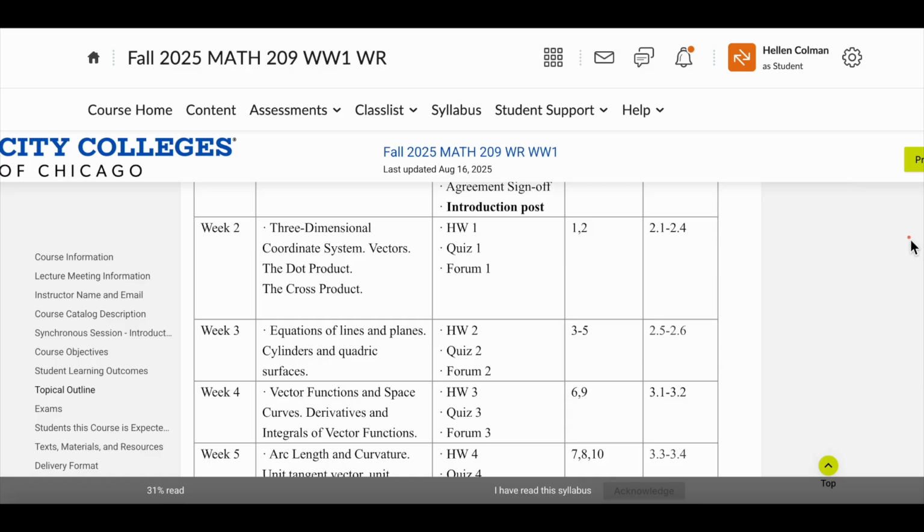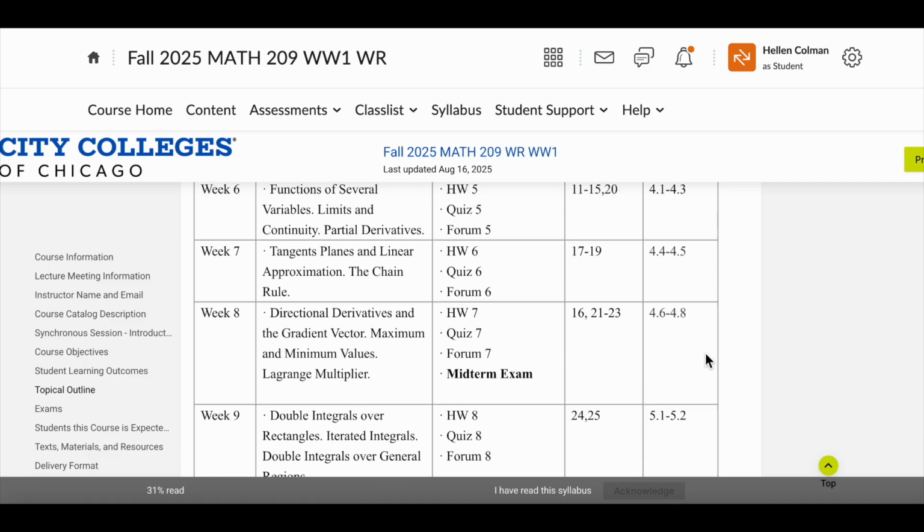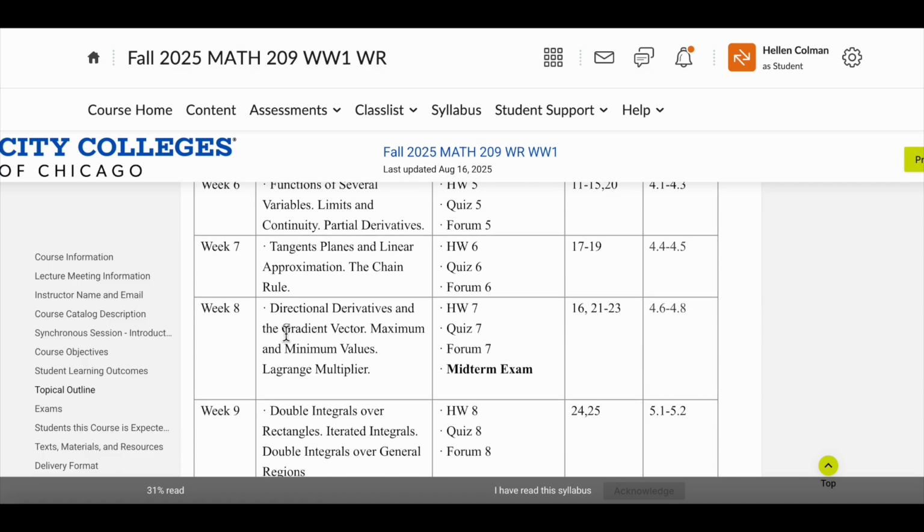And as in any other week, you are going to have to do homework, quiz, and forum. Observe that all the weeks are the same. All the weeks what you need to do is homework, quiz, and forum. In particular, in week 8, at the middle of the semester, besides these things, you also have to do the midterm exam or exam 1.